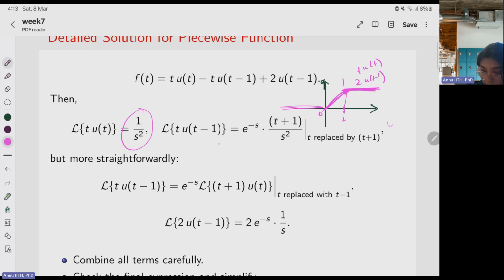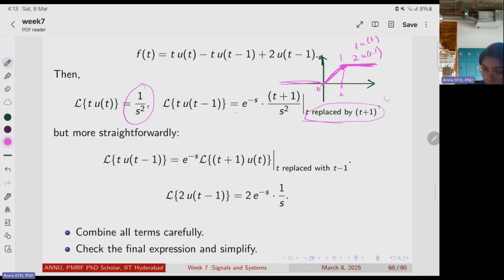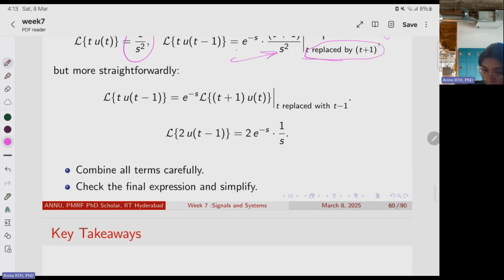Here t is replaced by t plus 1, that's why it is this. But more straightforwardly, you can write the Laplace transform of t u(t minus 1) is equal to e to the power minus s times the Laplace transform of (t plus 1) u(t), and then that is giving you the result with e to the power minus s. Check the final terms carefully for the final solution.